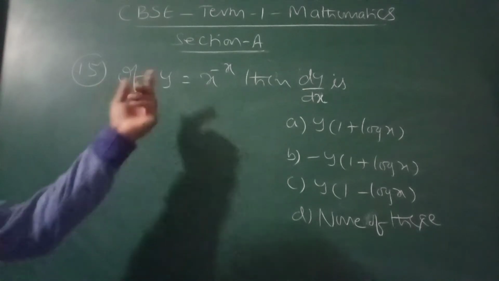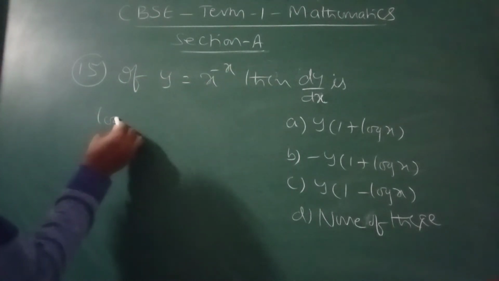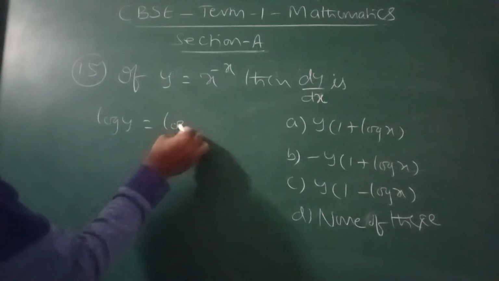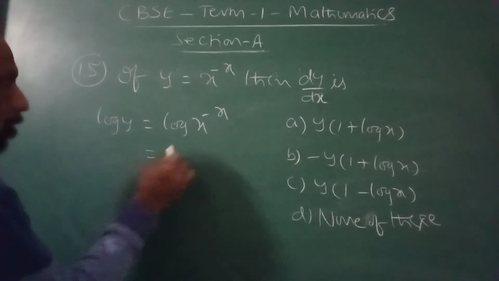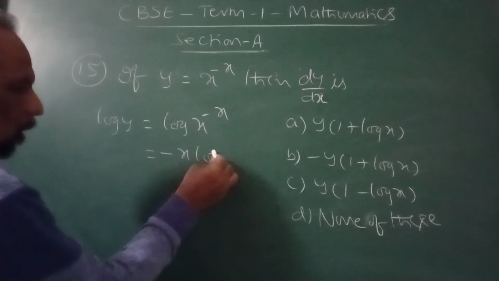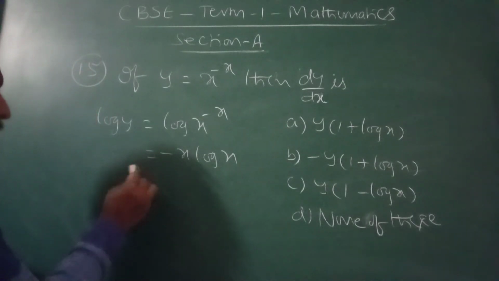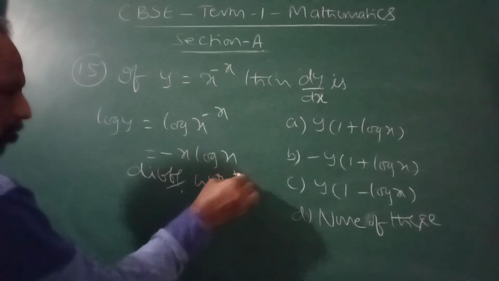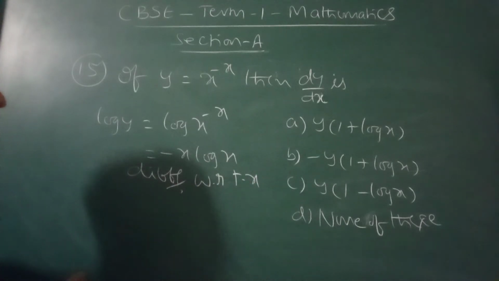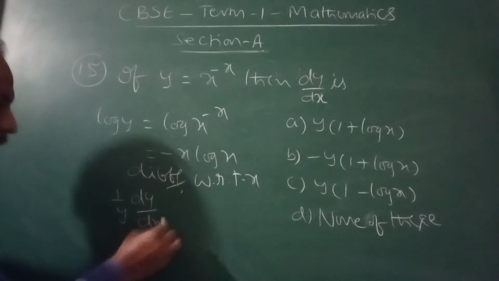So they are asking the derivative of this. Now apply logarithm. So log y equals log of x power minus x. The power I can bring down, which will be minus x log x. Now logarithmic differentiation. Differentiating with respect to x, 1 by y dy by dx.